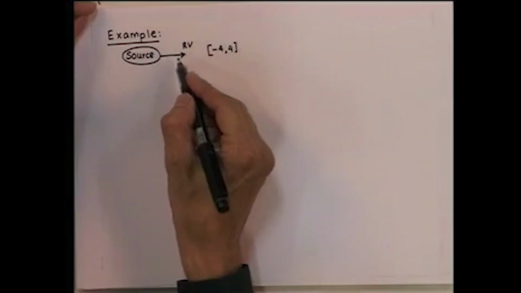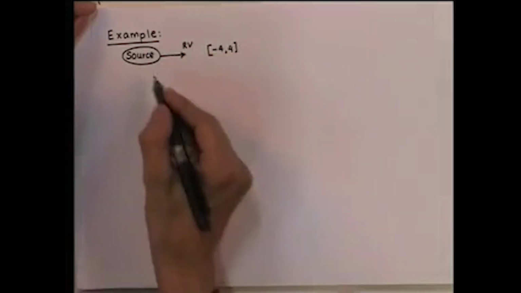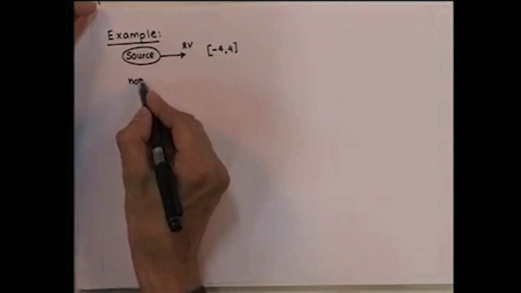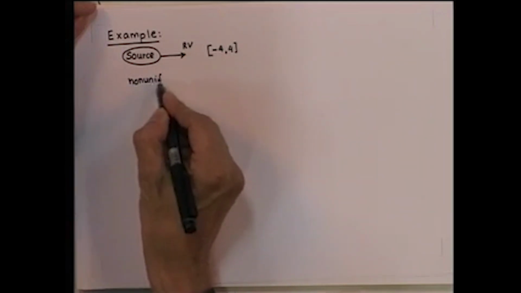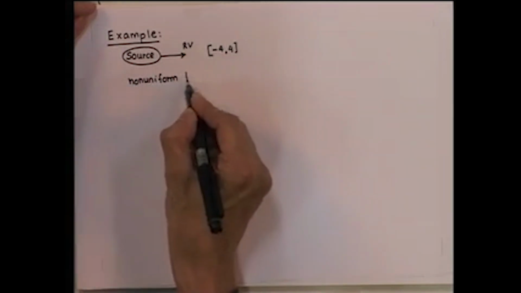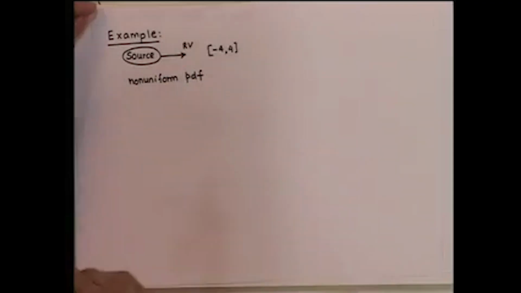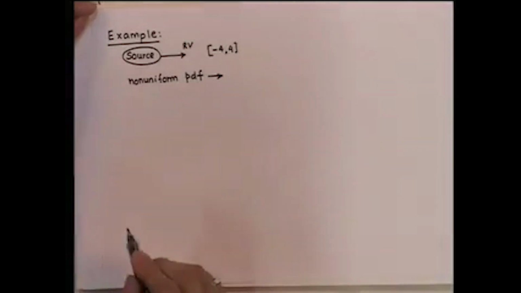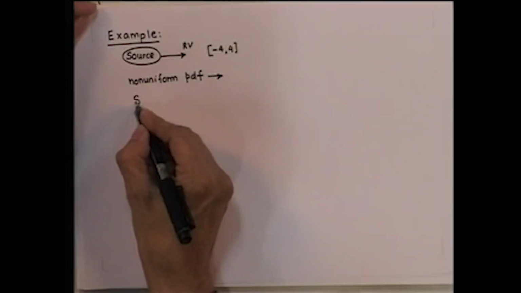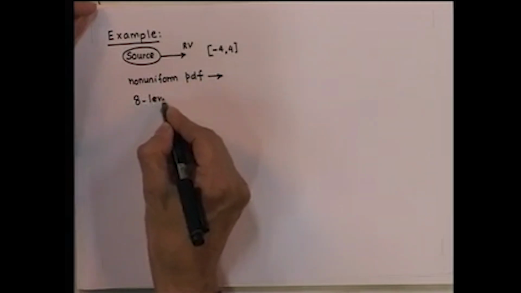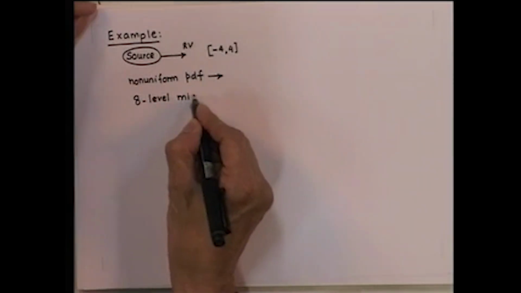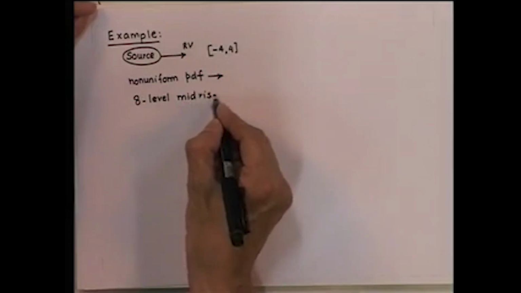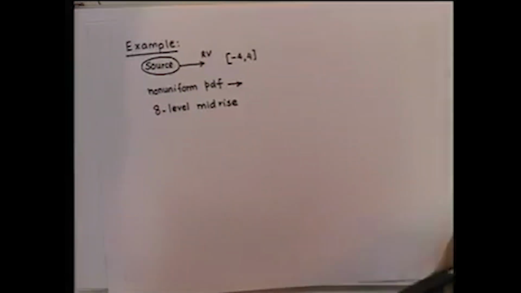Let us assume that this random variable has non-uniform PDF with higher probability mass near the origin than away from it. Let us use an 8 level mid-rise quantizer of the form shown in the figure here.